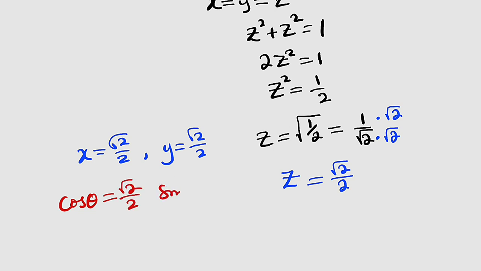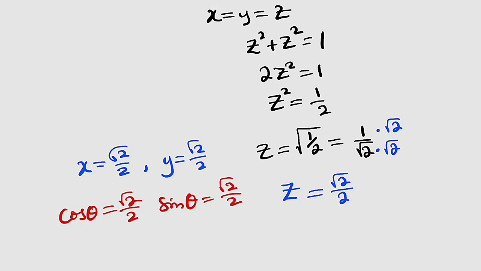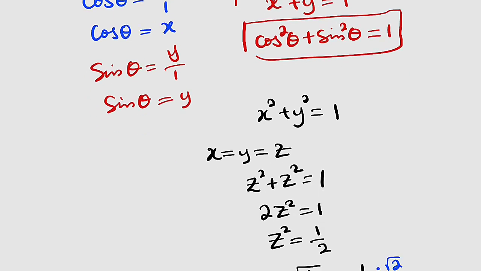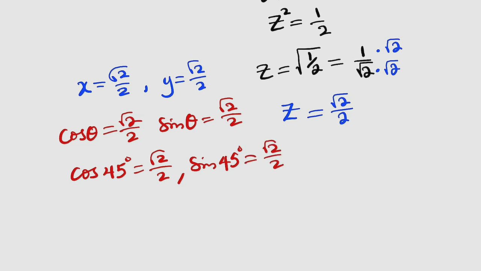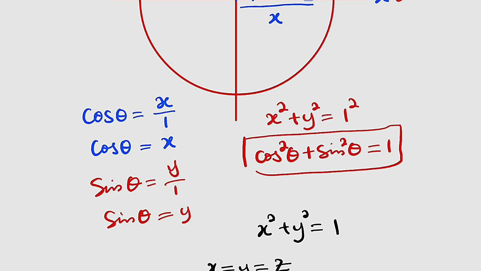Y is sine theta equal to root 2 over 2. But remember that we have replaced theta with 45 degrees. Finally, it shows that cosine of 45 degrees equal to root 2 divided by 2. Likewise, sine of 45 degrees equals root 2 divided by 2. So these are some of the things you can see in a unit circle.